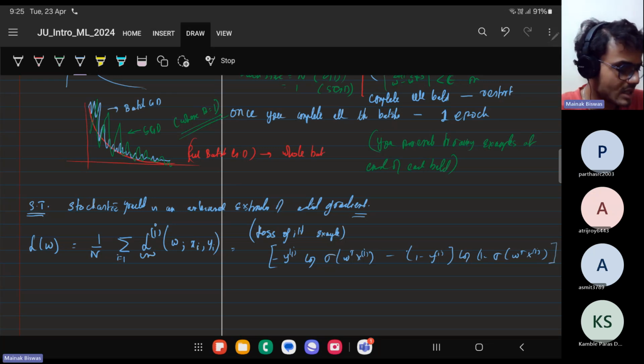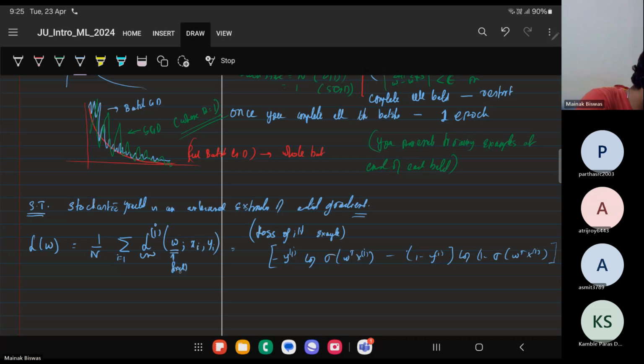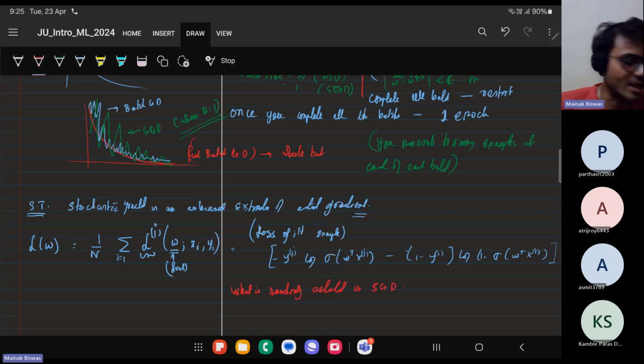Okay. So if it is clear, this is fixed for the time being. What are the random variables in stochastic gradient descent? Just tell me what is randomly selected. What is stochastic about stochastic gradient descent?